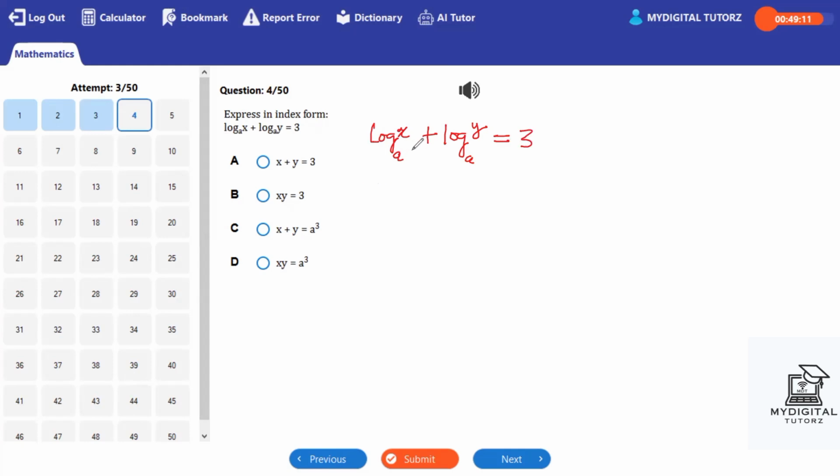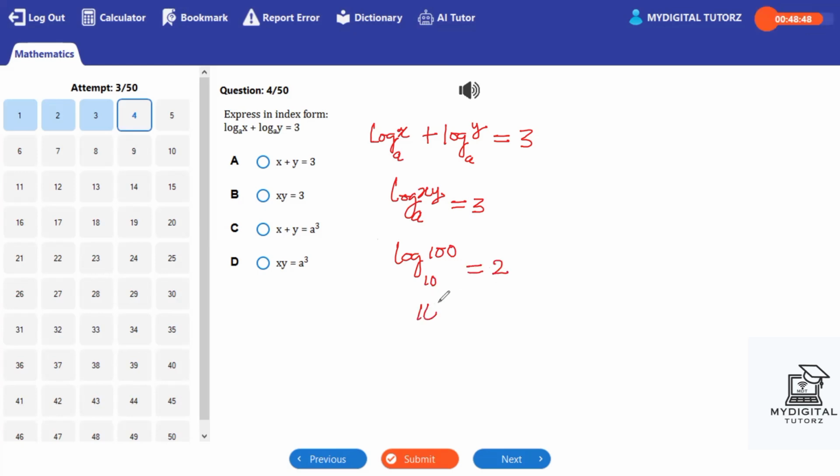So according to the law of logarithm, we can say that this can be written as log xy to the base of A equal to 3. If you have forgotten how to write this in index form, just write log 100 to the base of 10 equal to 2.